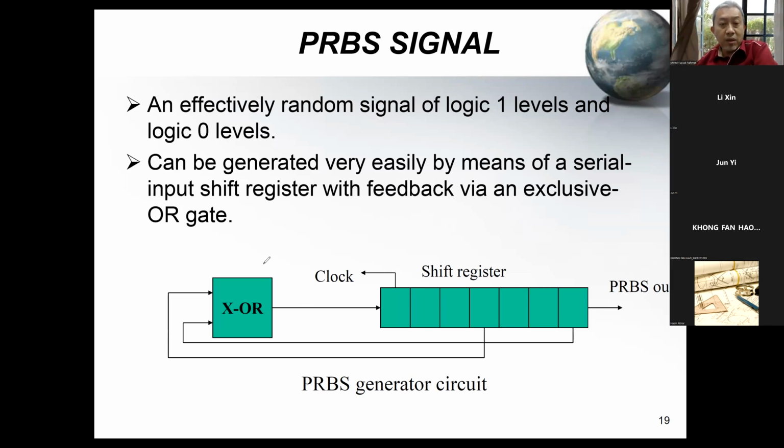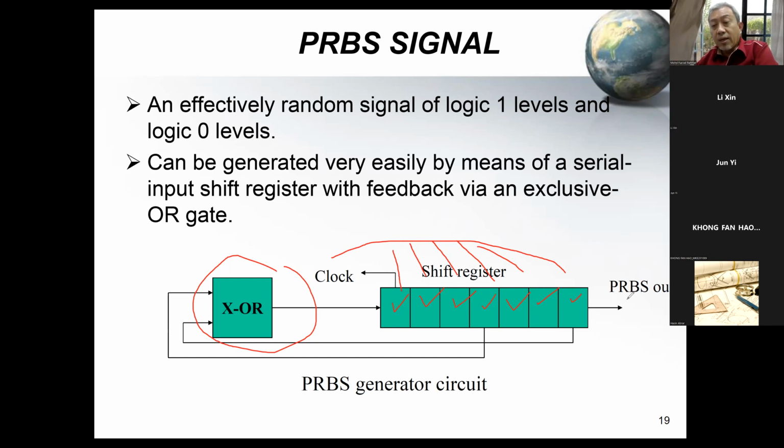Please remember the function of the XOR gate because we'll be asked in test 2 later. We have shift registers 1, 2, 3, 4, 5, 6, and 7. All shift registers must be provided with the clock pulse, and then the output you can take from the last shift register to be injected into the hot air blower system.